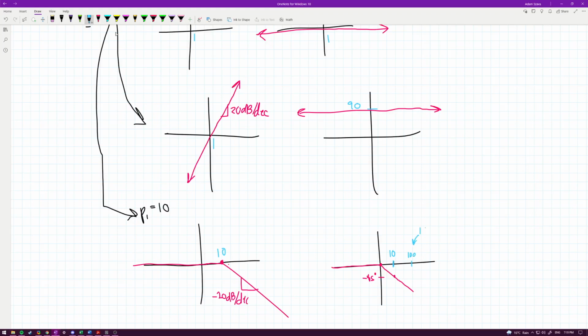So that's 10 times P1, that's P1, and that's 0.1 P1. This is always how it's going to work. This is for the specific example that P1 is 10. And then here, once we reach here, this should be negative 90 degrees, and this should be a flat line again. Okay, so there's our phase plot.